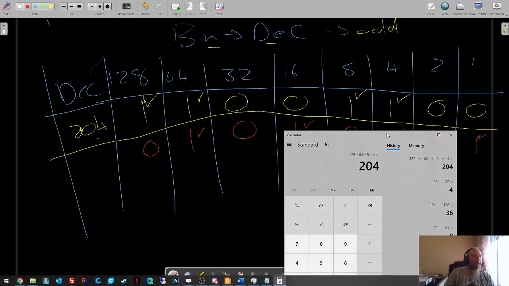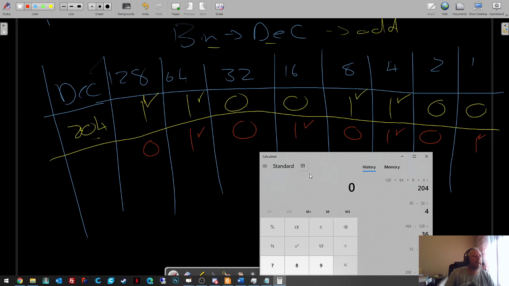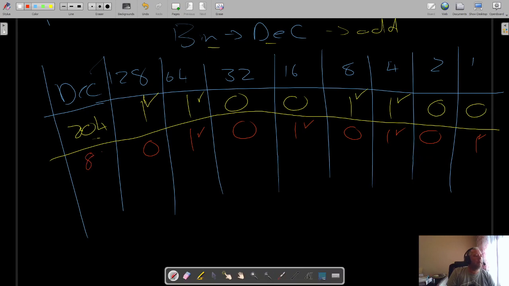So again, I take my calculator and I say 64 plus 16 plus 4 plus 1, and we end up with the number of 85. Okay, so 01010101 in binary is equivalent to 85 in decimal.